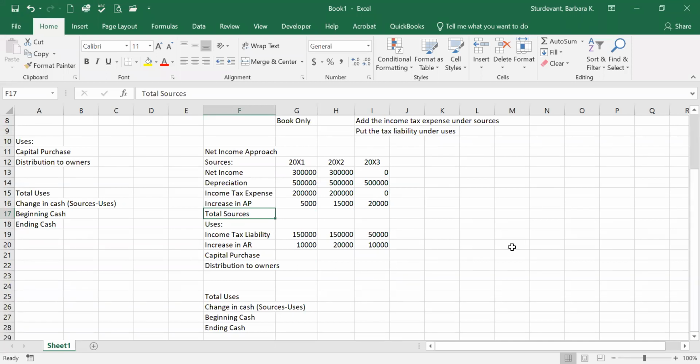Is it a liability or an asset? An asset, so it's a use. Okay. So, yeah, 521.